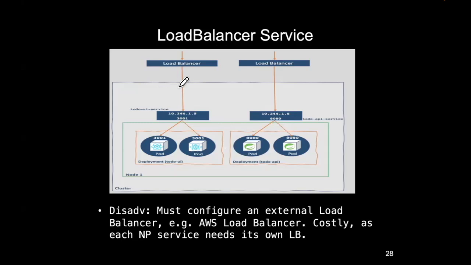The main disadvantage is these things cost money to run. You have to have, let's stick with EC2, for example, an EC2 load balancer for each of your internal services. You can't have one load balancer directing to different services. And that's the main disadvantage.